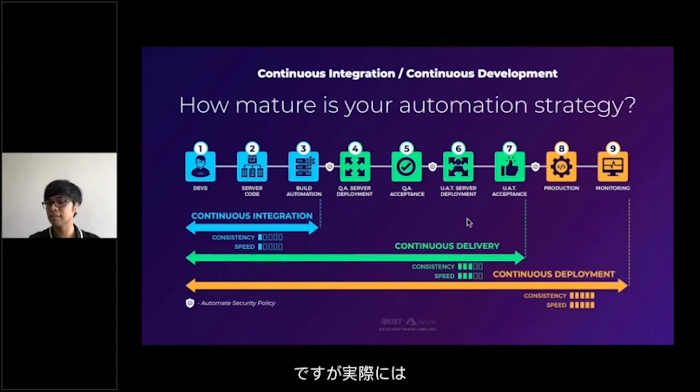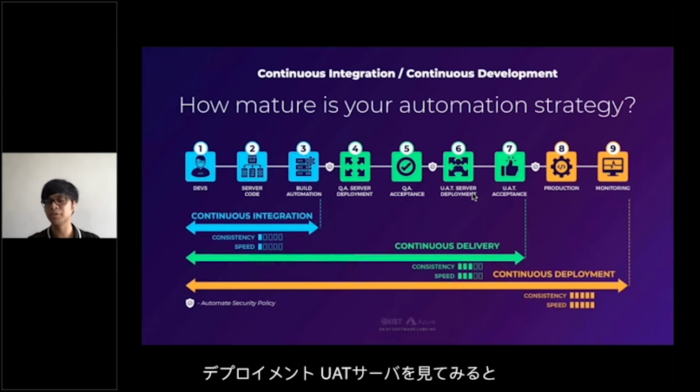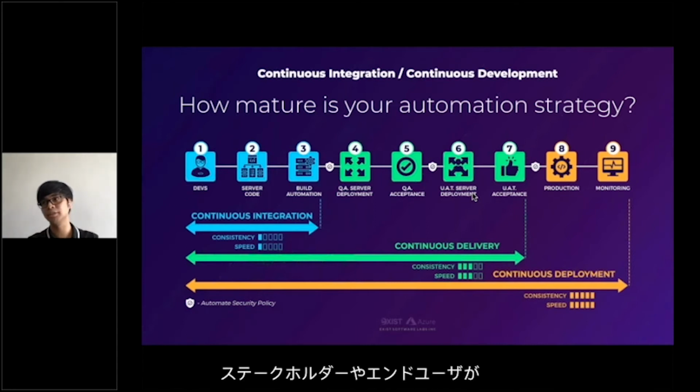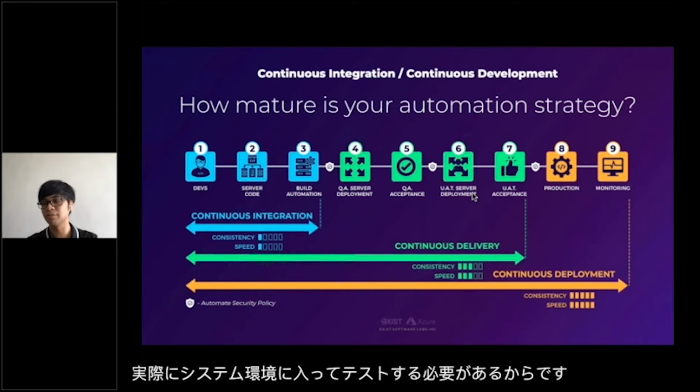However, when you look at your deployment to your UAT server, most of the guys would frown, as they usually do it manually. And at the same time, of course, UAT acceptance would always be a manual process because your stakeholders and end users would always have to go into your system and test it.